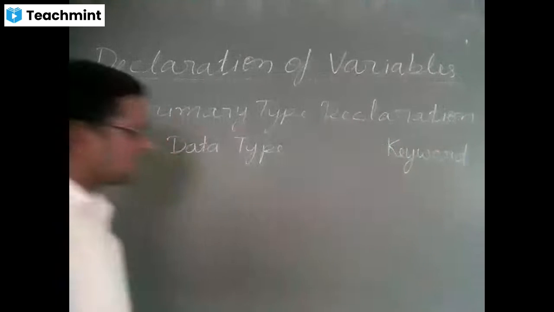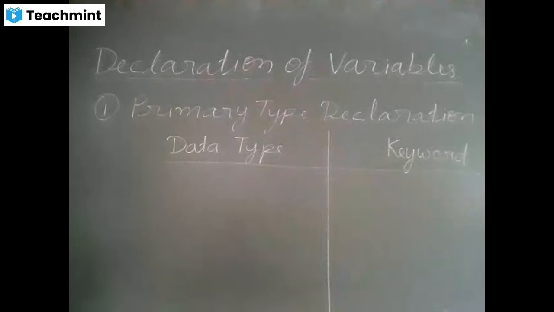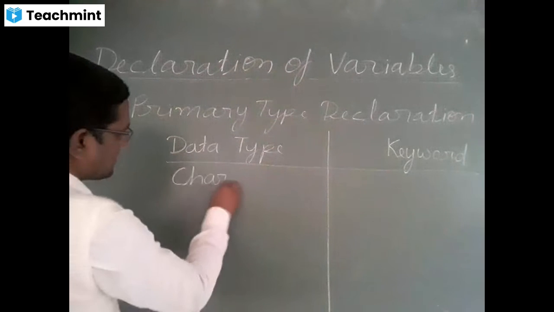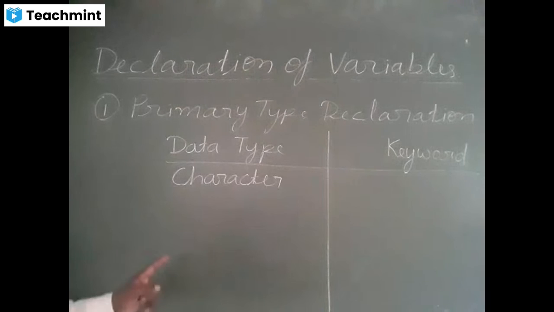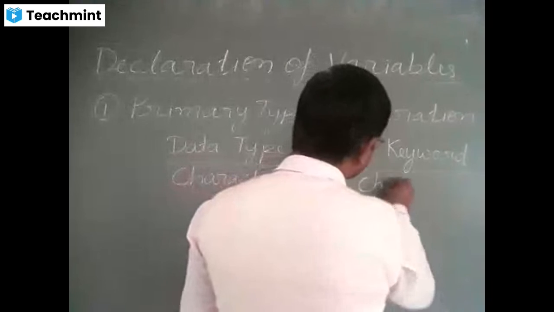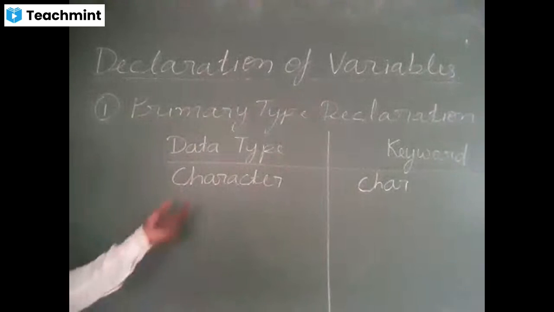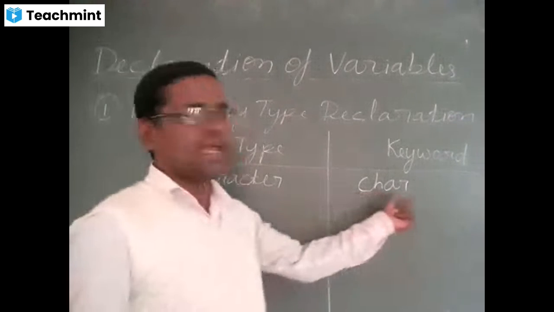For example, for the data type character in C, we use the keyword char. Anywhere we need to declare a variable as a character type, we use the keyword char.